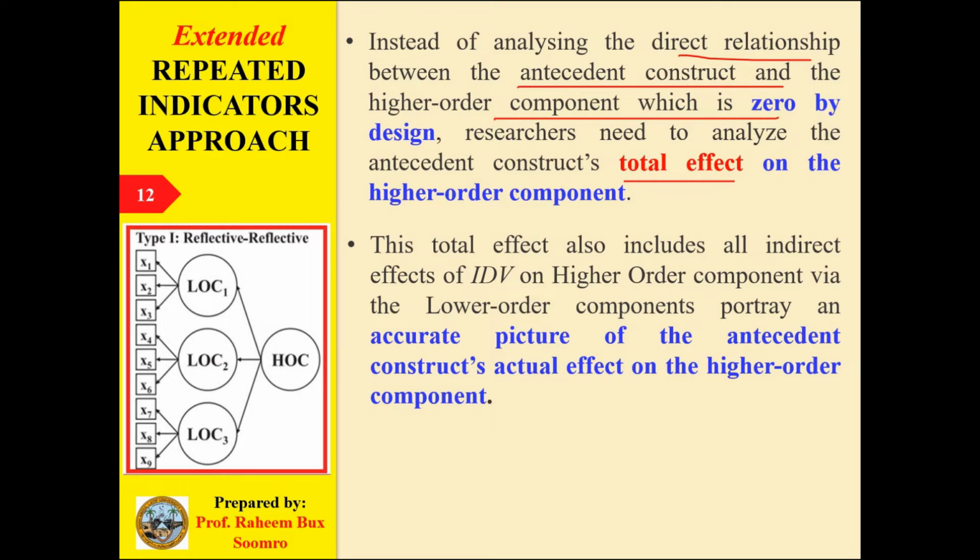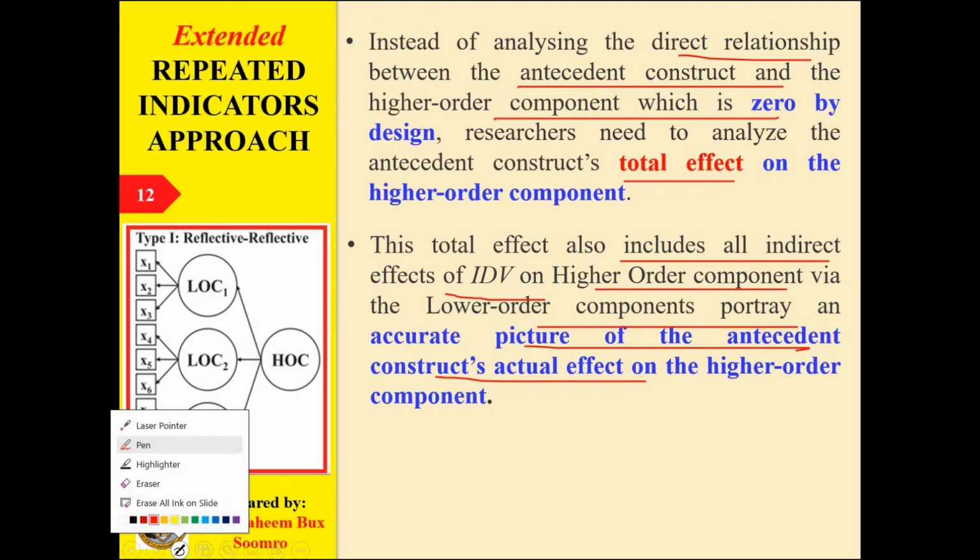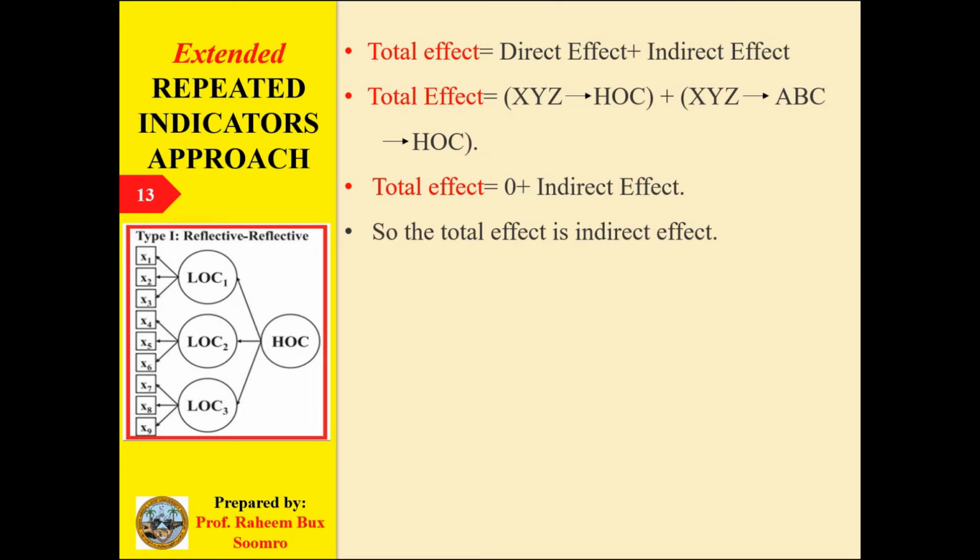This total effect also includes the indirect effect of the independent variable on the higher order construct, while the lower order components portray an accurate picture of the antecedent construct's actual total effect. The actual effect will be shown when you add the indirect and direct effect with each other.